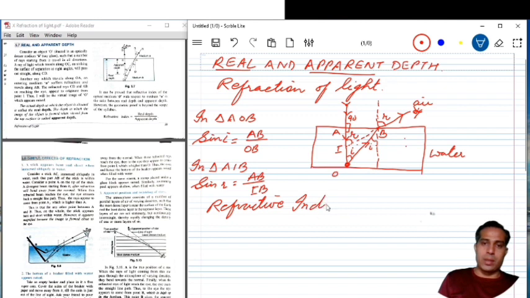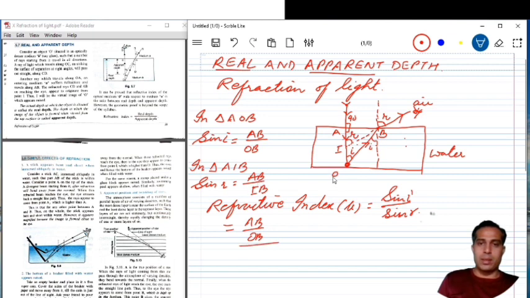Refractive index mu is equal to the ratio of the sine of the angle of incidence and the sine of the angle of refraction. Here, if we put the values, sin i is AB over OB, and sin r is AB over IB.